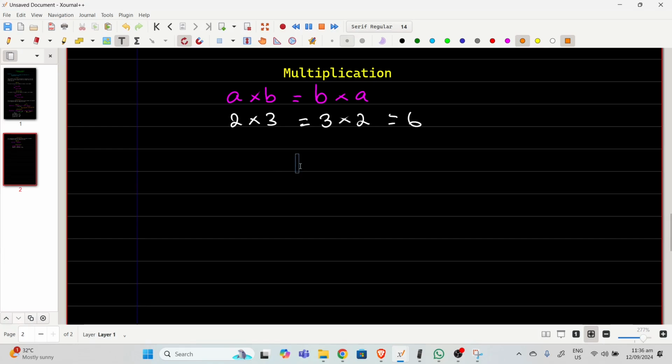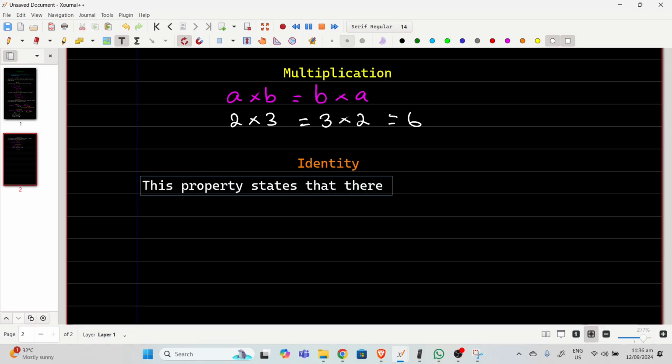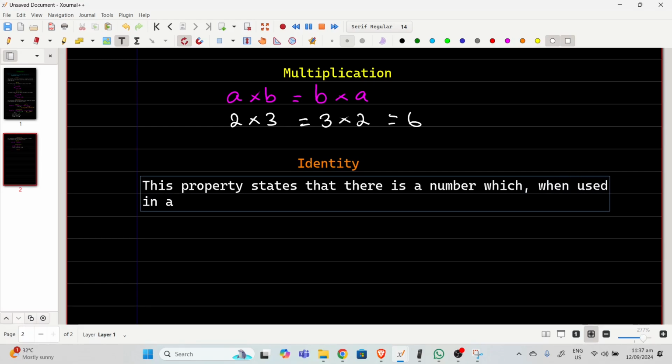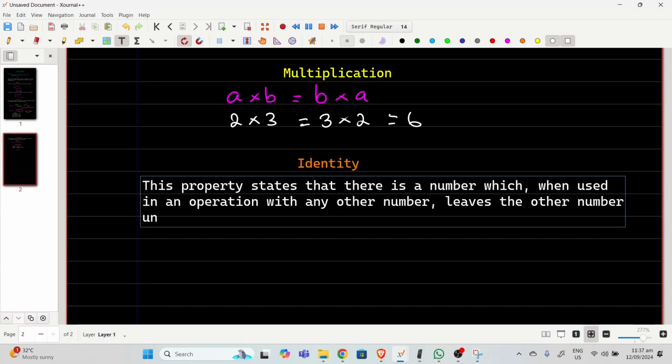The identity property states that there is a number which, when used in an operation with any other number, leaves the other number unchanged.